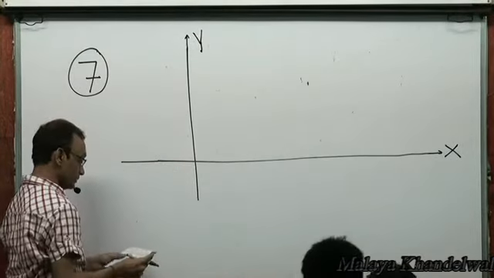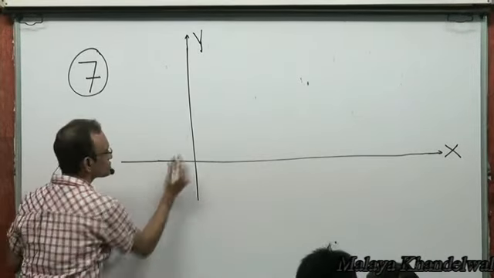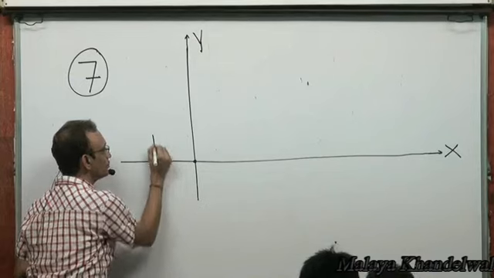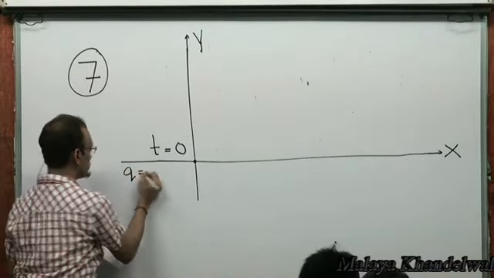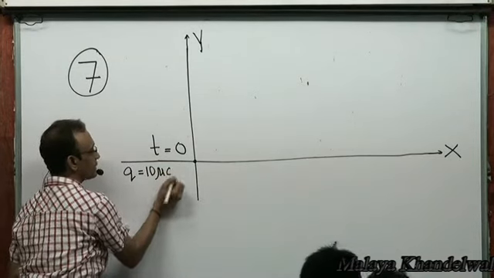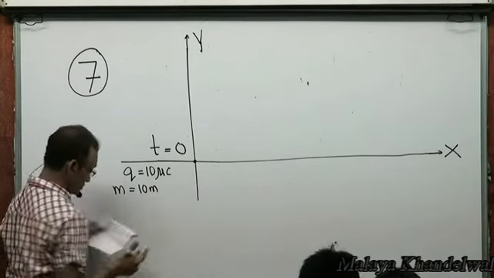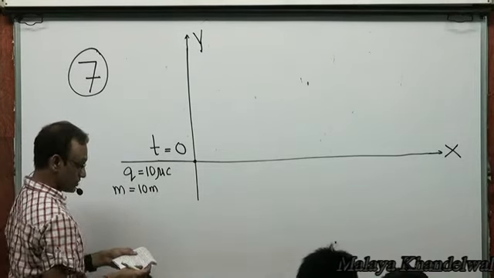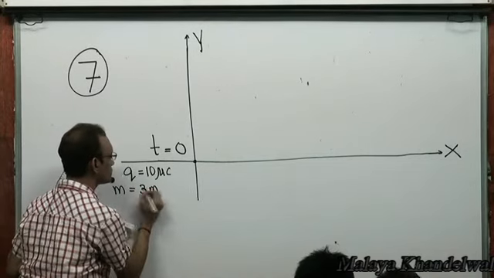There is a particle, and at t equal to 0 it is at the origin. So this is the origin at time t equal to 0. The particle is here, and it has charge q equal to 10 microcoulombs. It has mass equal to 3 milligrams.